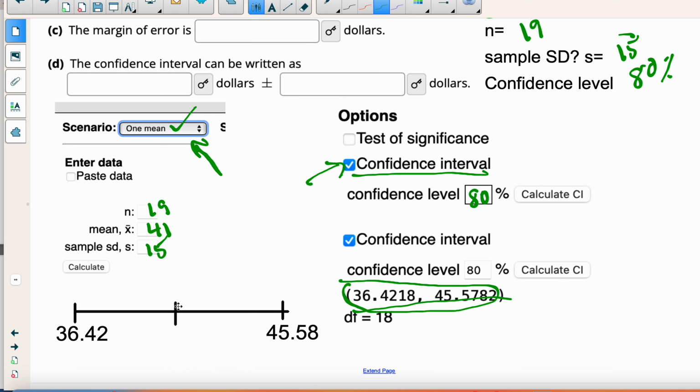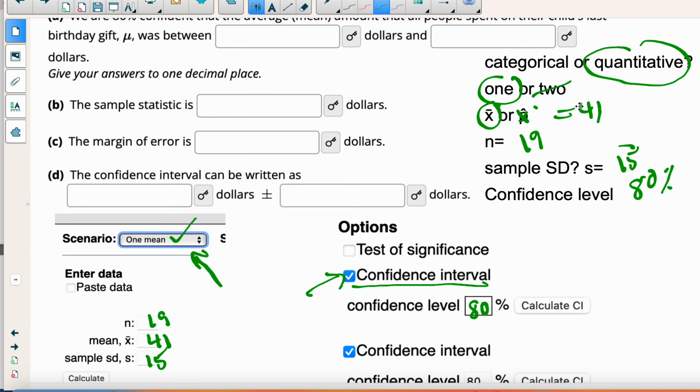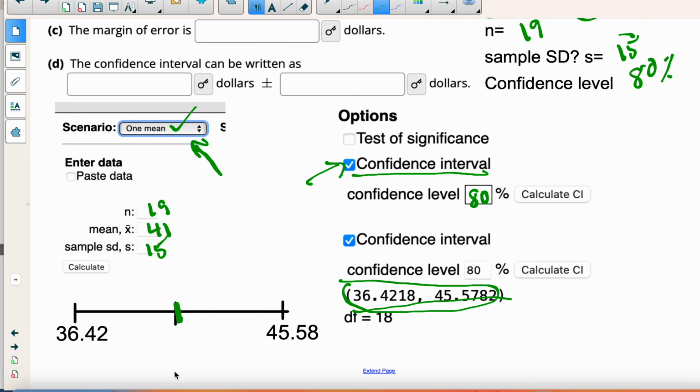What does that mean? It means that I have an interval here. The center of it is going to be at 41. It's always in the center. The low end is going to be at 36.42. The high end is going to be at 45.58.